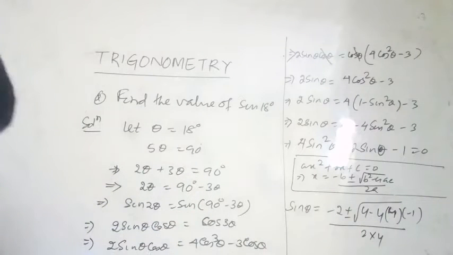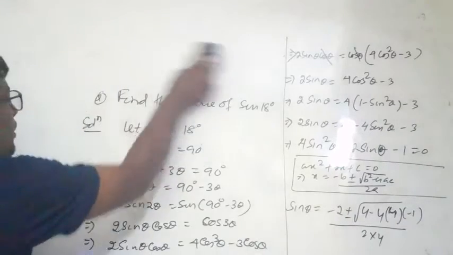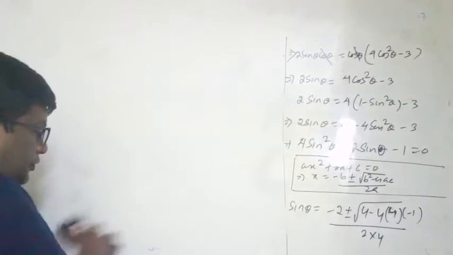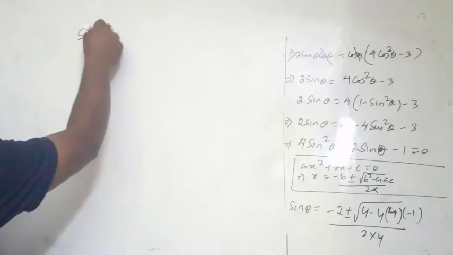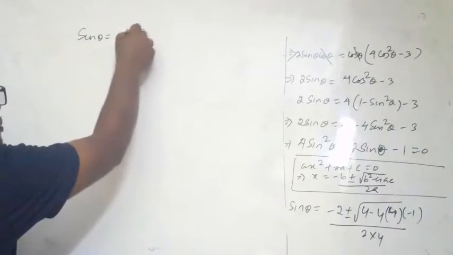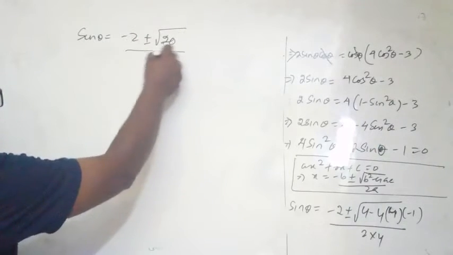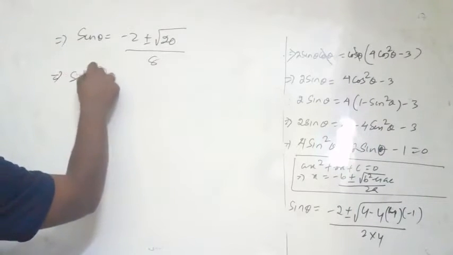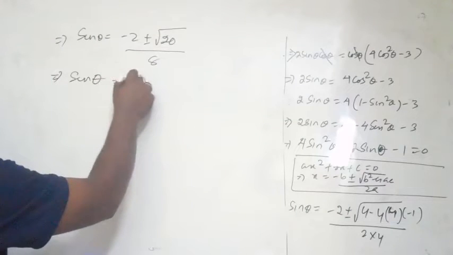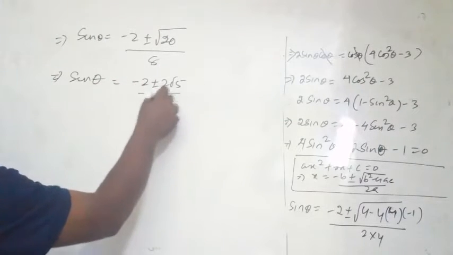So sin theta is equal to minus 2 plus or minus root over 20 divided by 8, or sin theta is equal to minus 2 plus or minus 2 root 5 by 8.